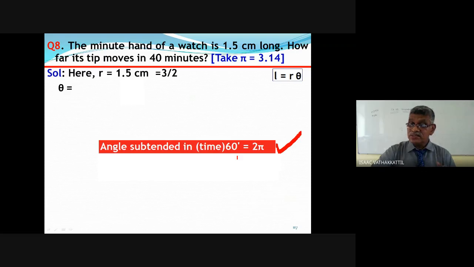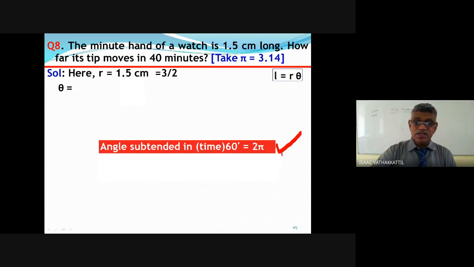The hour hand makes a complete rotation in 12 hours time, whereas the second hand will make a complete rotation in 1 minute. But here the minute hand, in 5 minutes, 10 minutes, 20 minutes, 30 minutes, 60 minutes, moves one full revolution, that is 2 pi.